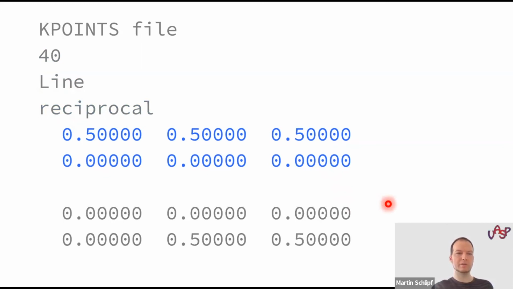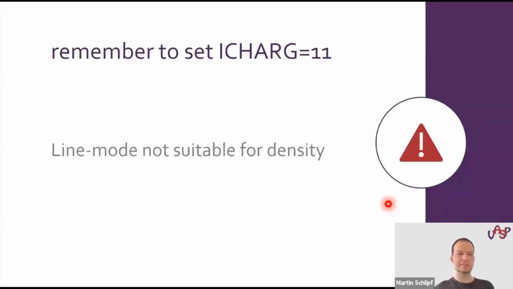One thing I should stress here is that you need to freeze your density, so your charge density. The K-point mesh that you use for these band structure calculations is not suitable to get a good density.